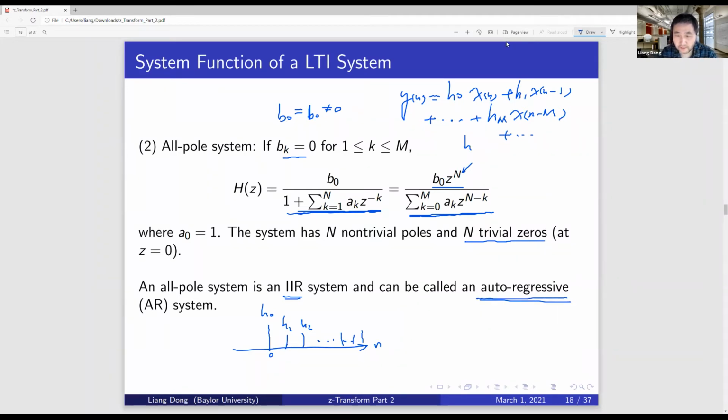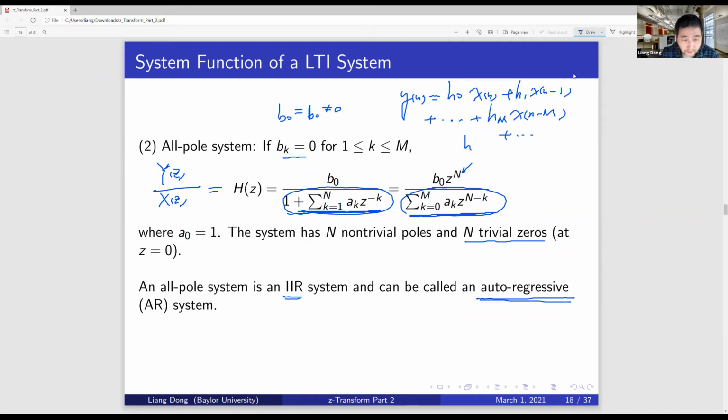Autoregressive, the name is coming from the fact that I have all these feedbacks. Now, what are those a's? These are the a's that we are applying to y, right? If you write this as Y(z) over X(z), Y(z) is multiplied by that, X(z) is multiplied by this numerator. So we have a regressive part, which are the feedbacks of all the output y's.